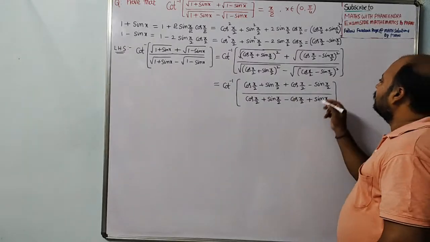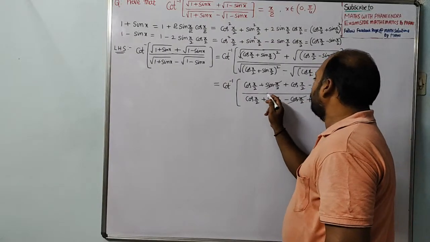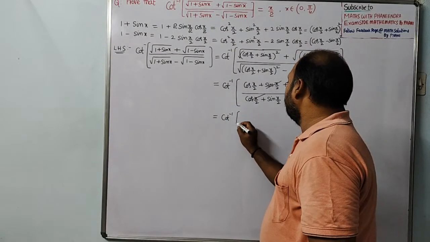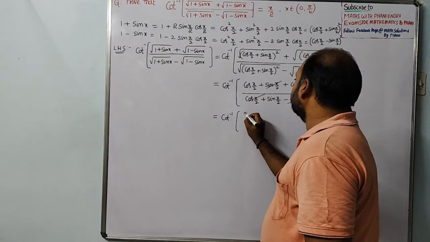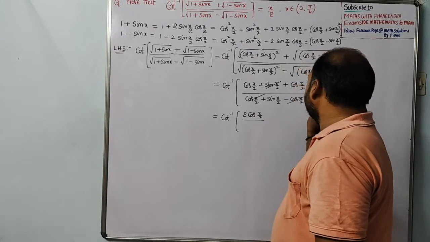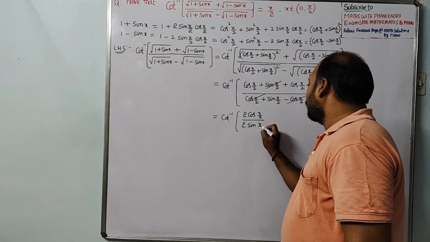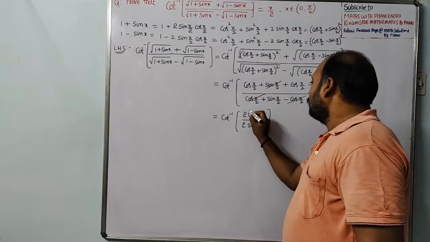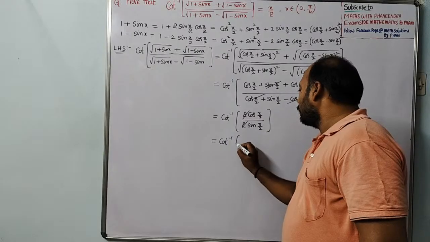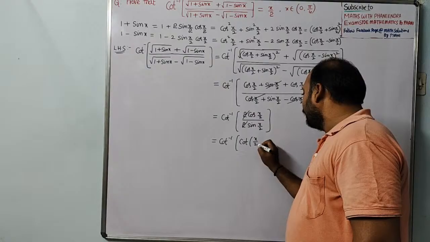Yes, students: minus sin x by 2 plus sin x by 2 minus cos x by 2 plus cos x by 2. So cot inverse of (cos x by 2 plus cos x by 2, that is 2 cos x by 2) by (sin x by 2 plus sin x by 2, that is 2 sin x by 2). The 2s get cancelled. So cot inverse of cos by sin, cot x by 2.